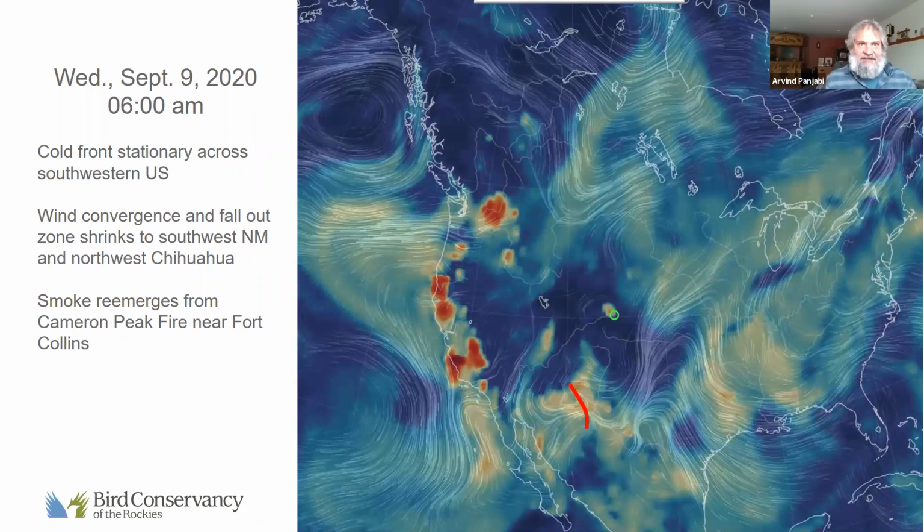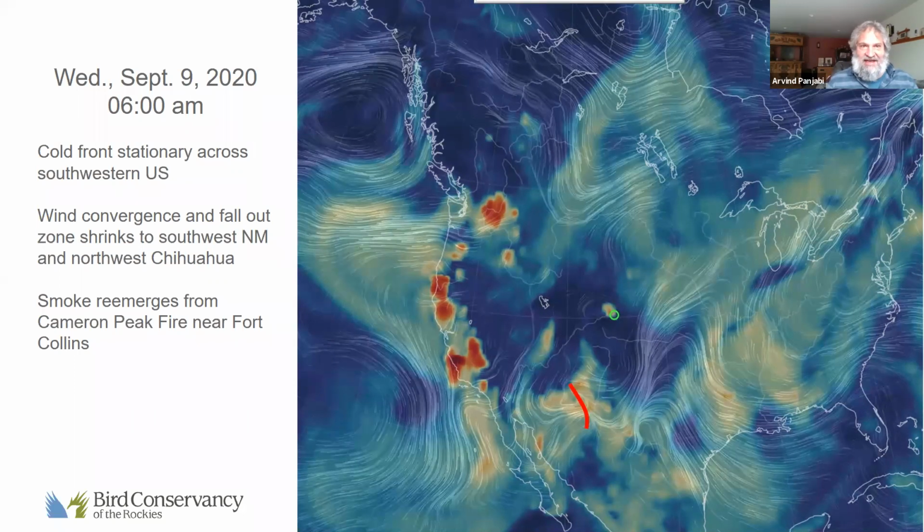And by Wednesday morning, 6 a.m., the storm has largely subsided in the north. The wind and convergence zone and fallout zone has shrunk now and is limited mostly to southwestern New Mexico and northwestern Chihuahua.